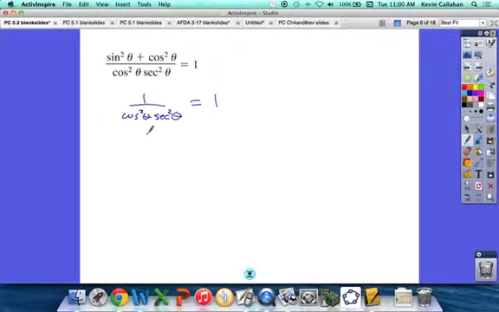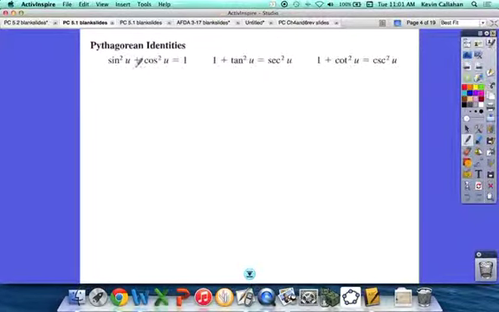Whether you show it in the denominator, cosine squared divided by cosine squared, or whether you just flip it up there, in either case, they cancel, and the whole thing is 1. But the key is this equals 1 because of that. You've got to always think of Pythagorean identities.